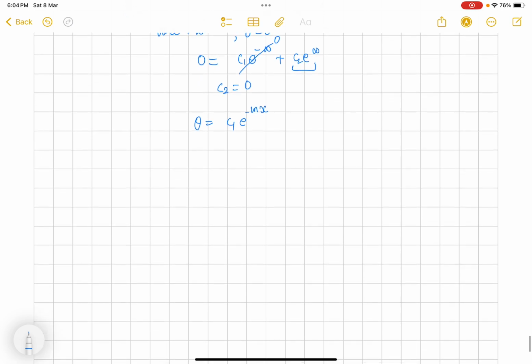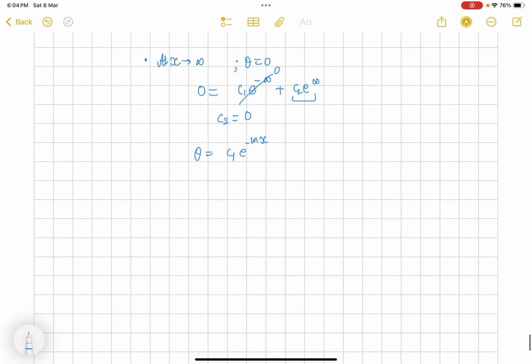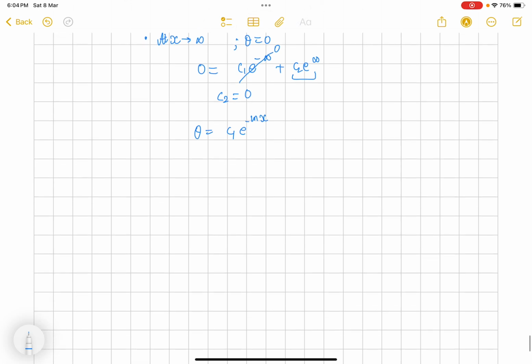Now we have to find the C2 value. So we will use the next boundary condition, which is at x equal to 0, that is the base, theta is equal to theta b, or theta naught. We can also say theta naught, right?